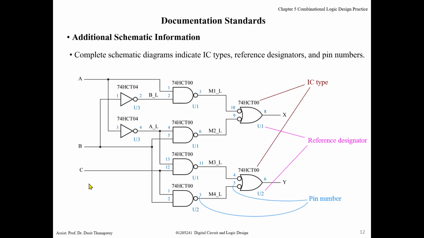And to complete the schematic diagram, usually we will indicate the IC type. This one, IC type 74HCT00, is just for a NAND gate. Or this one, 7404, is an inverter. You should indicate it.